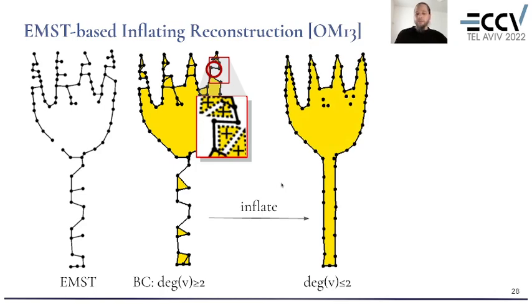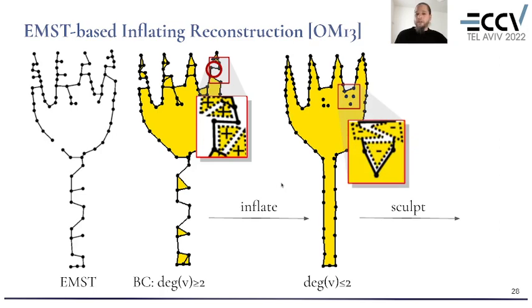Then the degree of the vertices is at most 2, because some interior vertices are left. And now we apply the original sculpting step from Boissonnat, which then does not usually run into local minima anymore.